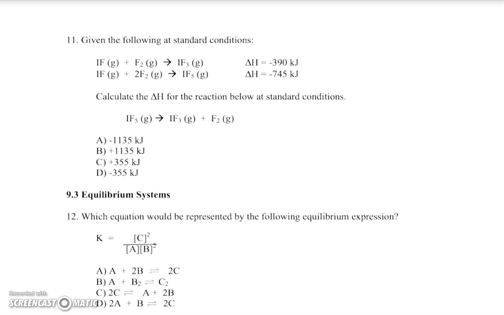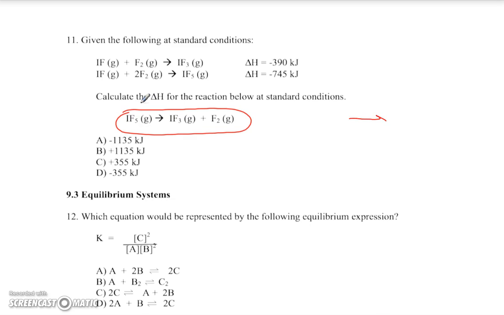Given the following at standard conditions, we have 2 given equations, and it says to find the delta H for the reaction below at standard conditions. So this right here is our target equation, and we have these 2 givens.